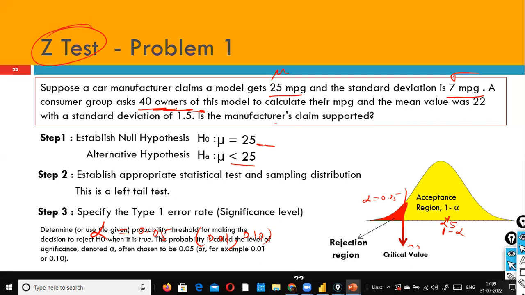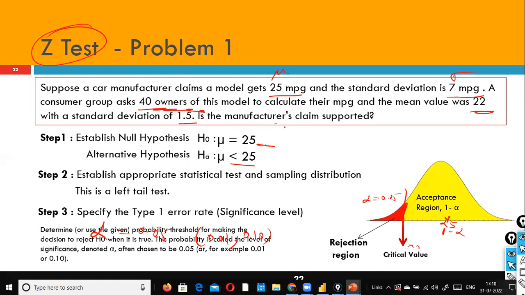Your sample contains only 40 owners. You called people and asked each person how much mileage they are getting. Some say 24 miles per gallon, some say 22, 20 and so on. Since you have data from 40 owners, you can find the average. When you found the average of your sample, you got 22 miles per gallon. And the standard deviation is 1.5.